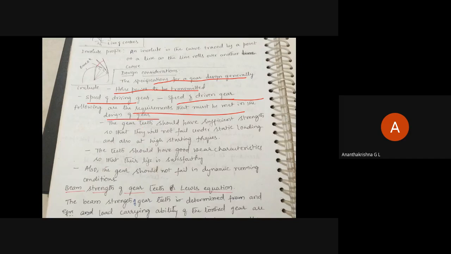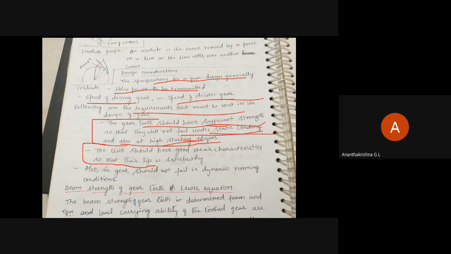First, as usual for any mechanical component, it should have sufficient strength so that it will not fail under static loading as well as at high starting torque. The teeth should be sufficiently strong to withstand high starting torque, and also it should not fail during normal running operations. Next, we want the components to last for a longer duration without failure.